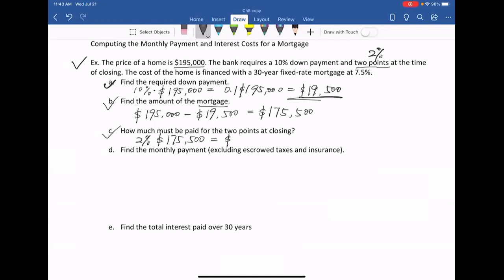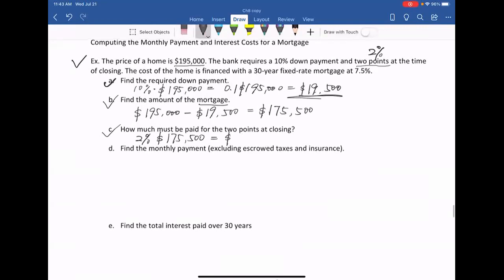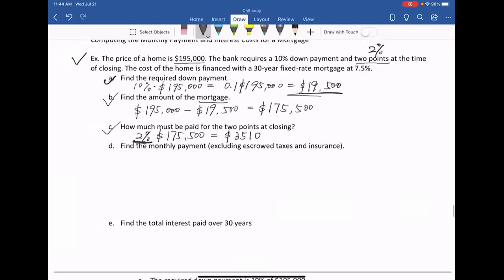That's 3510. Don't forget, when you compute, instead of inputting 2% in the calculator, you had better input 0.02.